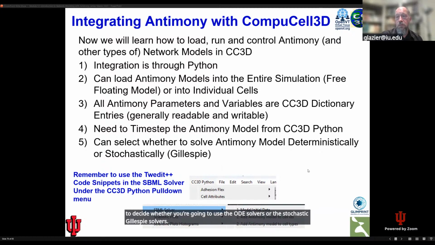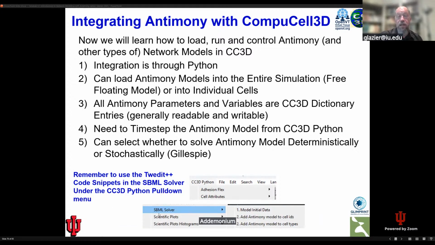Remember to use the code snippets. A little bit unhelpfully, the code snippets are hiding under the heading SBML solver rather than under the heading Antimony. And the reason for that is that CompuCell allows you to write SBML models as well as Antimony models.